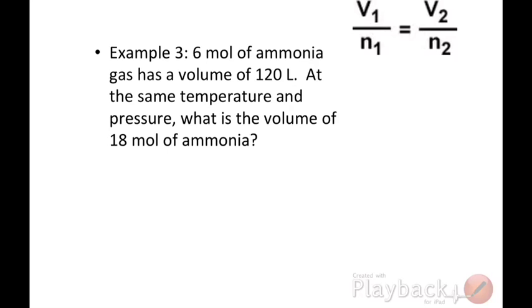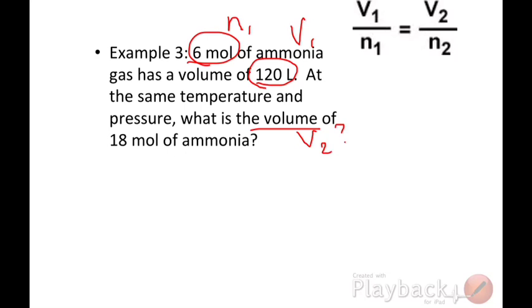All right, example 3. 6 moles of ammonia gas has a volume of 120 liters. So that's N1. 120 liters is V1. At the same temperature and pressure, what is the volume of 18 moles of ammonia? So what is the volume?